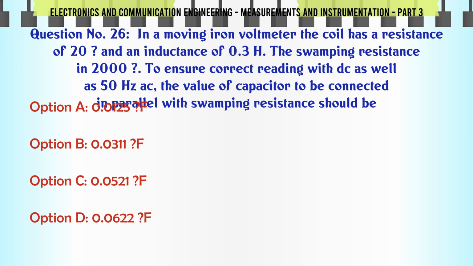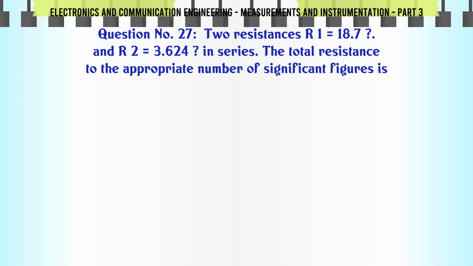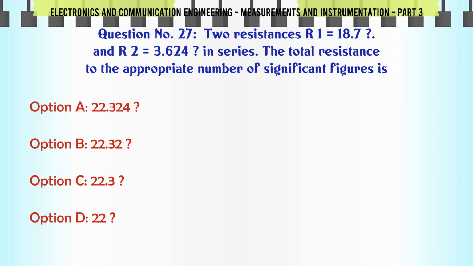To ensure correct reading with DC as well as 50 Hz AC, the value of capacitor to be connected in parallel with swamping resistance should be: A, 0.0125 F; B, 0.0311 F; C, 0.0521 F; D, 0.0622 F. The correct answer is 0.0311 F.